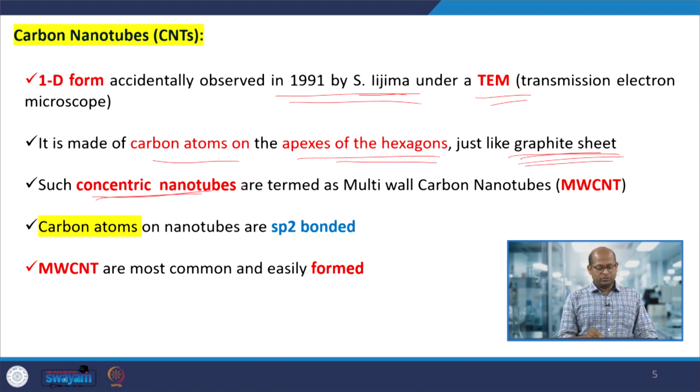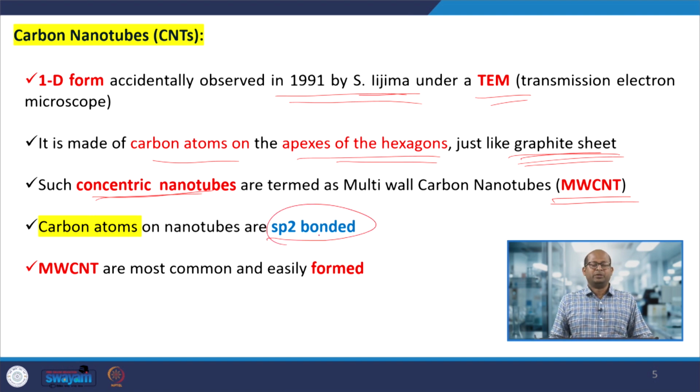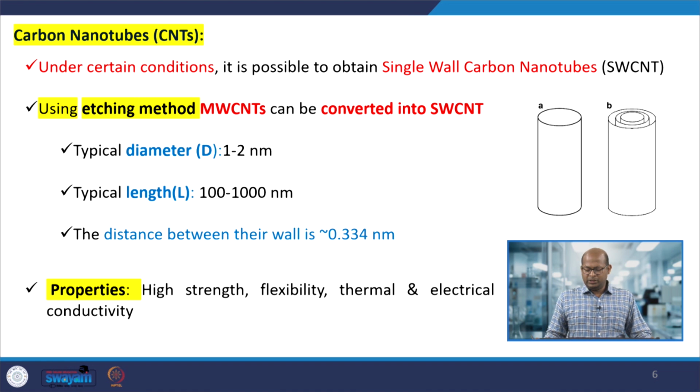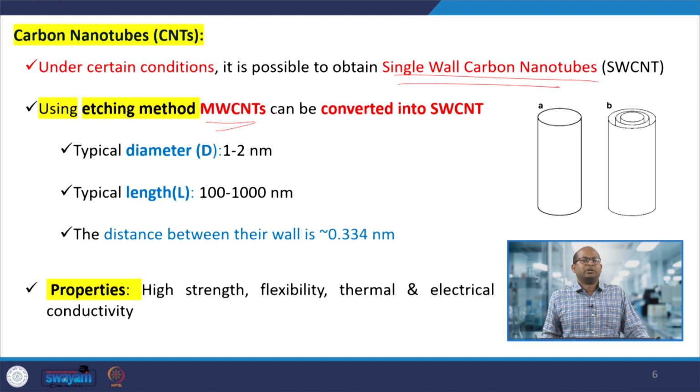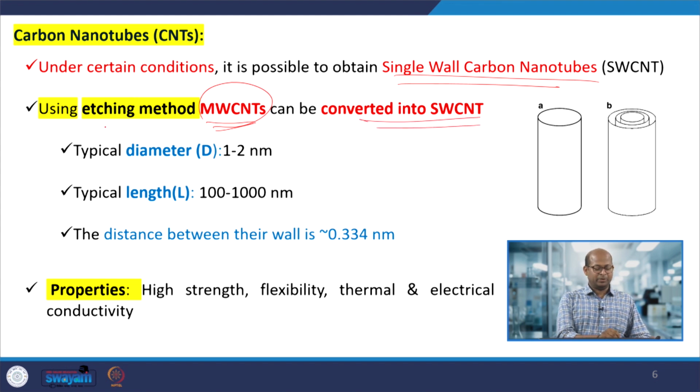When more than one nanotube is concentric, it forms multi wall carbon nanotubes, which are sp2 hybridized. Single wall carbon nanotubes are very difficult to form, whereas multi wall carbon nanotubes can be formed easily, and once formed, they can be converted into single wall carbon nanotubes by exfoliation or etching methods.